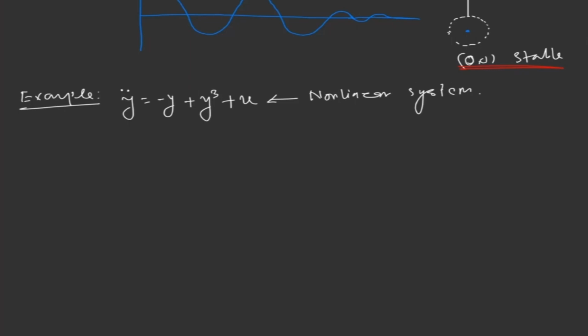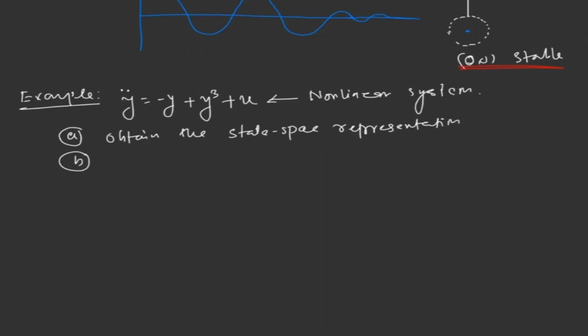The question is: A, obtain the state space representation of the above nonlinear system, and B, find the equilibrium point for u equal to 0.